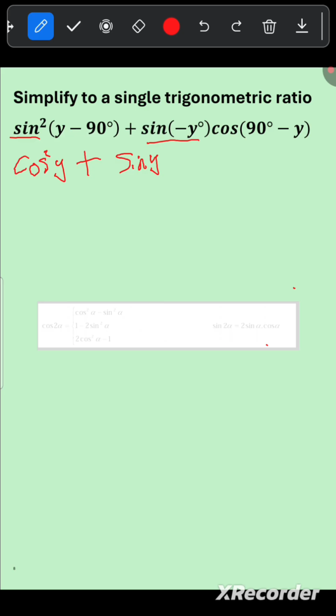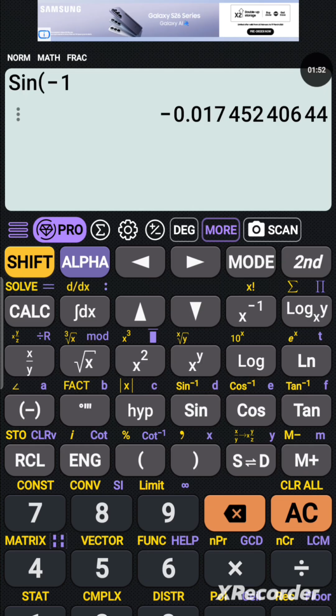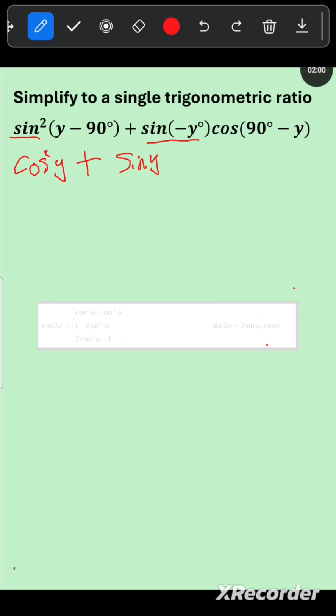Sine y. Go to the calculator and I want to check. So I'm going to the calculator and replace this y by 1 degree. So check it in the calculator, it is negative. So you write negative.